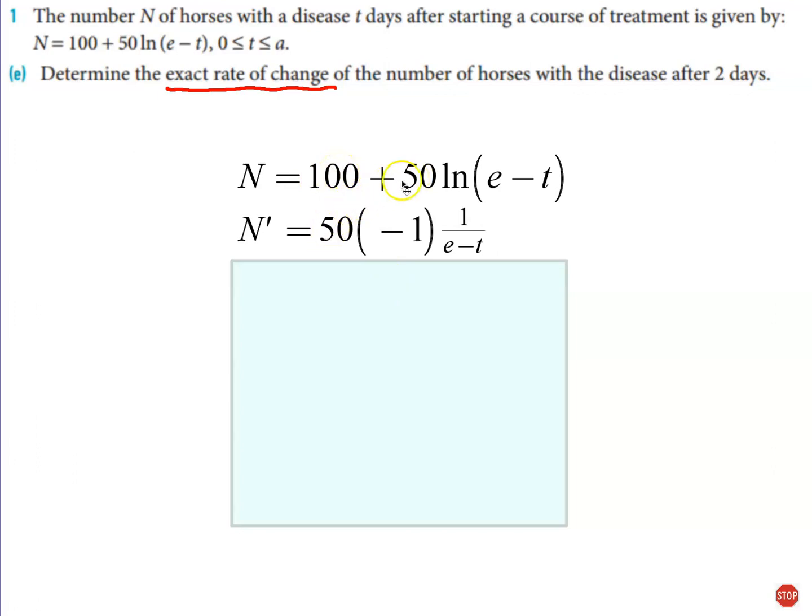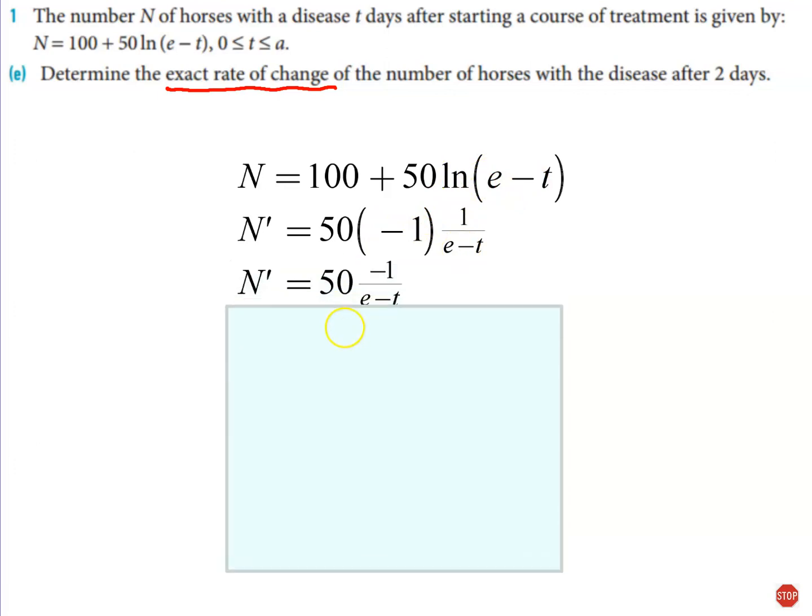The 50 just stays because that's a coefficient, and coefficients just stay when you do derivatives. The derivative of the inside function, e minus t, is -1, because the coefficient on t is -1, and the derivative of the log of something is 1 over something. So there's the formula for the answer.